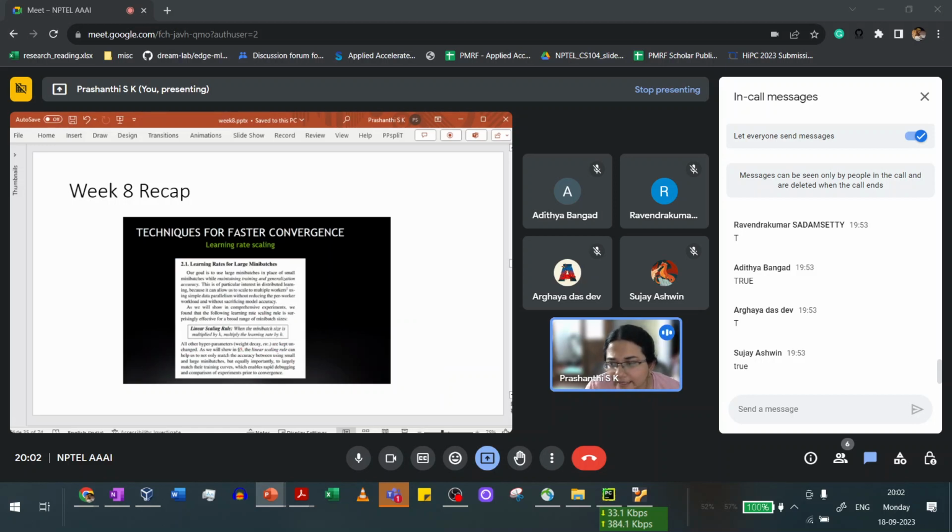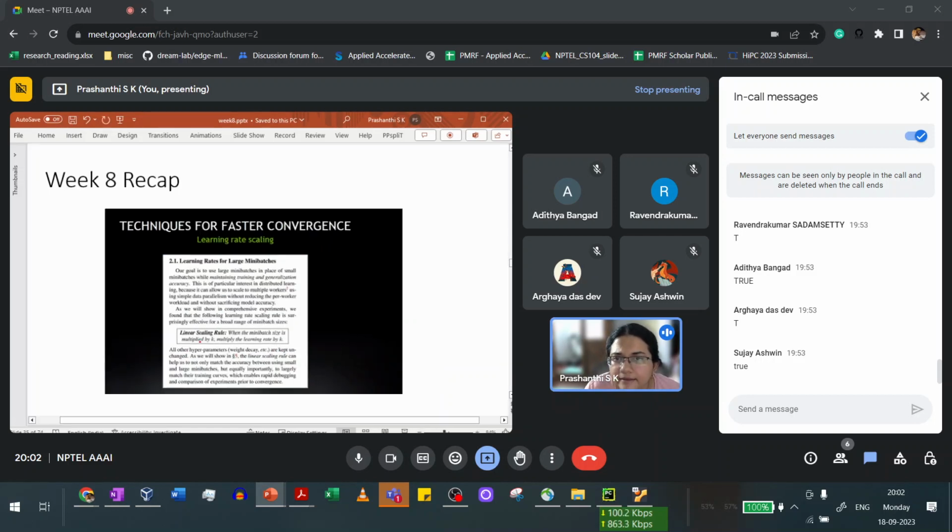Okay, so next we'll see learning rate scaling. Again, why is this needed? Whenever you use a large mini batch, you need to think about the convergence and the accuracy, because you want to maintain this accuracy, right?